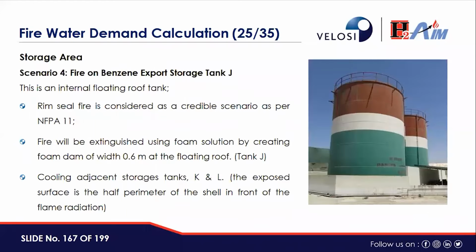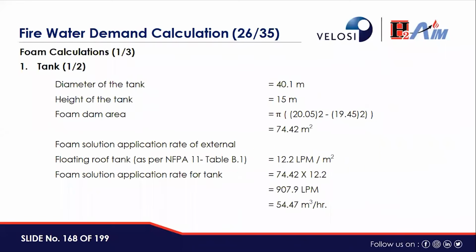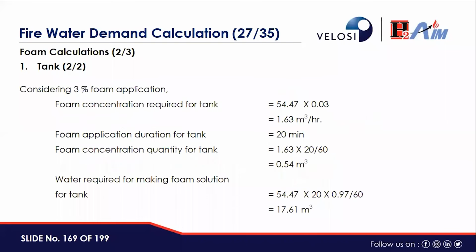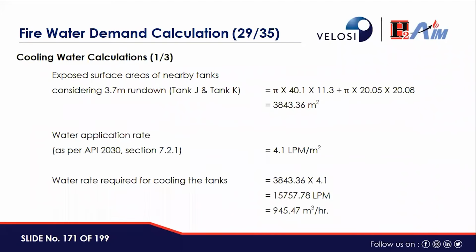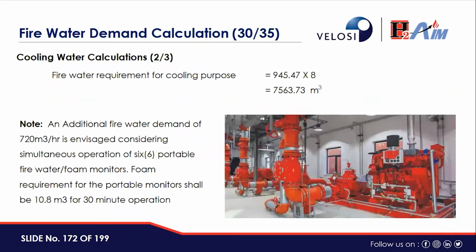And similarly for scenario 4, which was fire on benzene export storage tank, we have calculated in a similar manner: area, then foam solution application rate of external floating roof tank, and then foam solution application rate for the tank, and then considering 3% foam application, we came to know water required for making foam solution for the tank, and similarly for the dikes, and then cooling water calculation for the adjacent tanks. So we have calculated in a similar manner, as we performed calculations for scenario 1 and scenario 2.